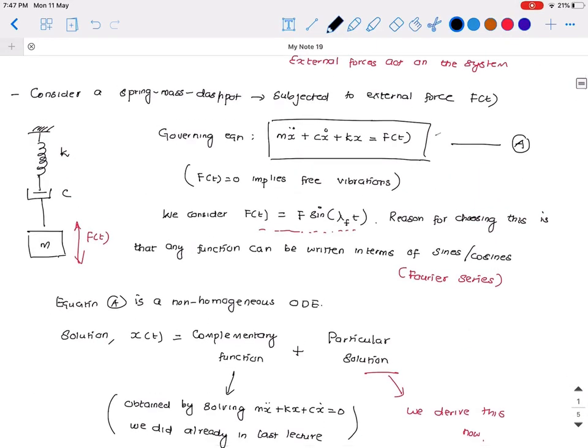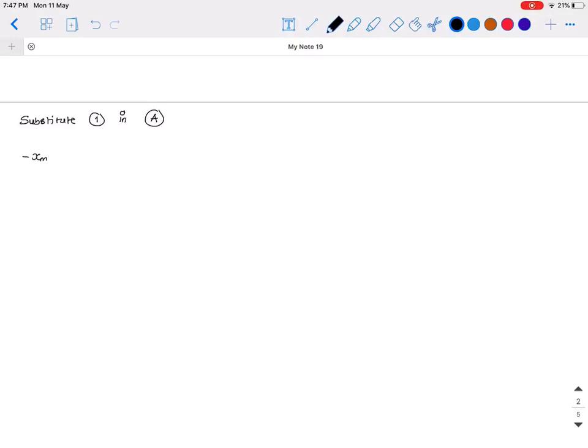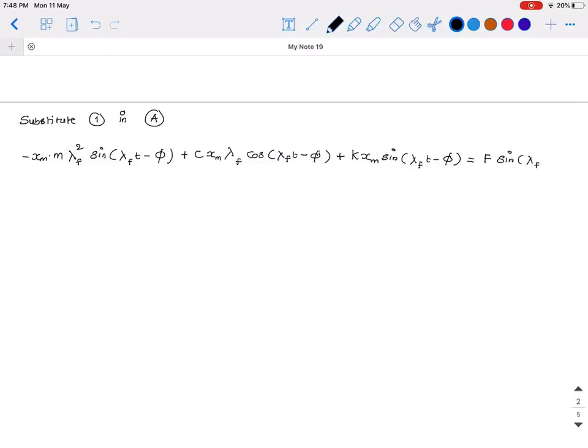So we are going to substitute the particular solution in governing equation A. So what you would get is minus xm times the mass lambda f square sine(lambda f t minus phi) plus c xm lambda f cosine(lambda f t minus phi), plus k xm sine(lambda f t minus phi) is given by F sine lambda f t, the applied forcing.